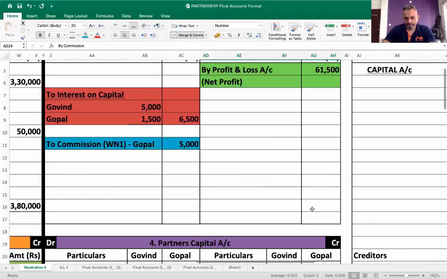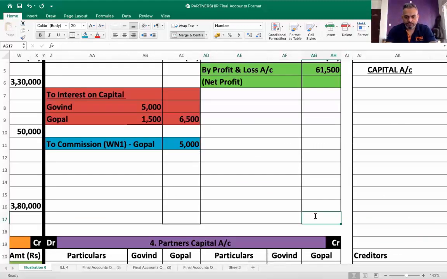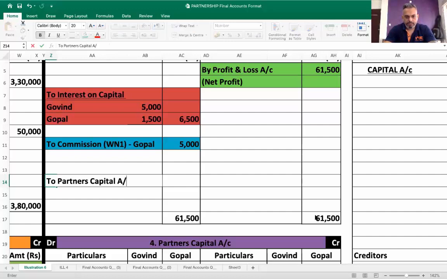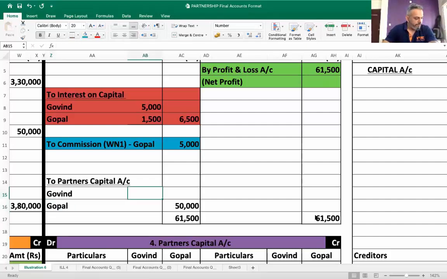Now let's find out the final profit distributed between partners. We already know it is 50,000. So 50,000 is distributed between partners to partners' capital account, Govind and Gopal. 3:2 is the ratio, so 30,000 and 20,000.